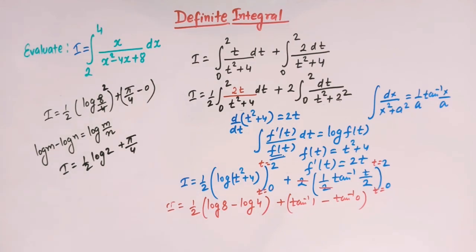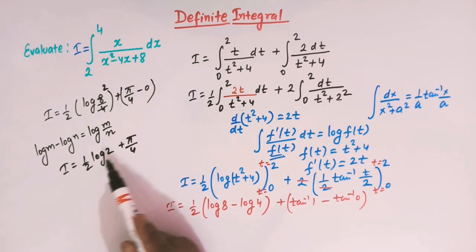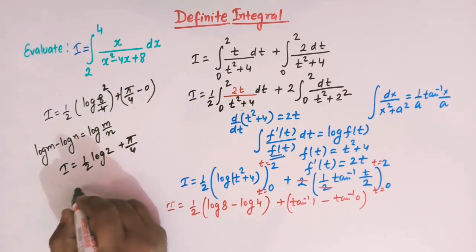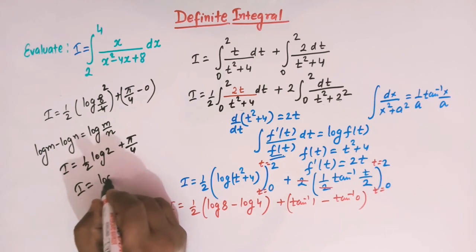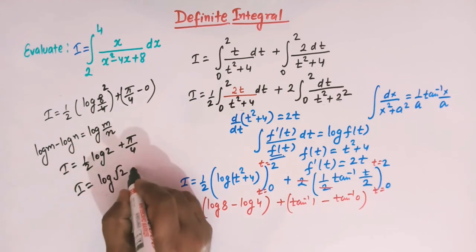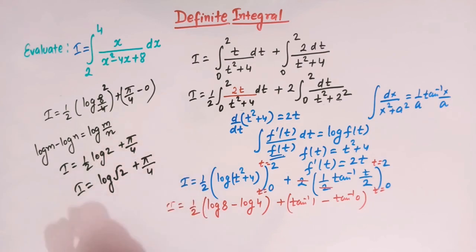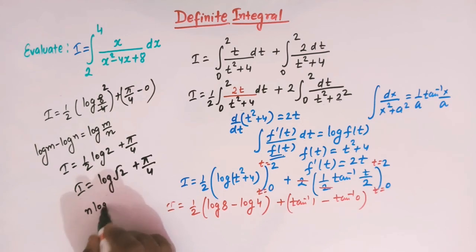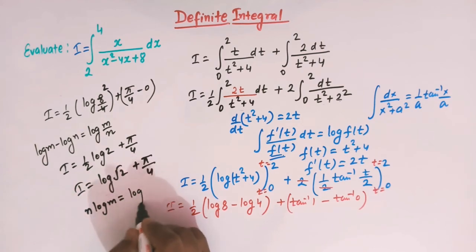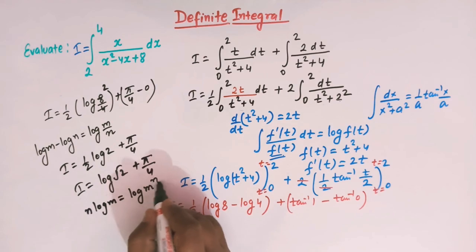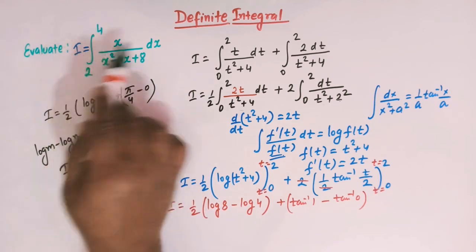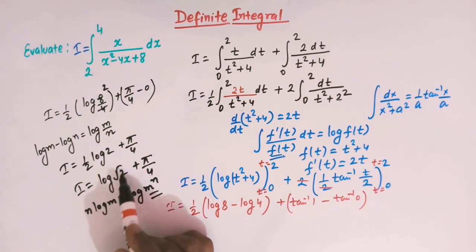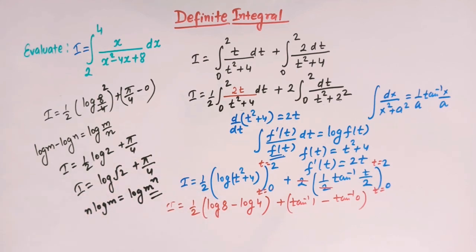So viewers, the value of this integral is half log 2 plus pi over 4, which can also be written as log of square root of 2 plus pi over 4, because we have used that n log m is equal to log of m raised to n. So the value of this integral is log of square root of 2 plus pi over 4. So this is how we solve this integral.